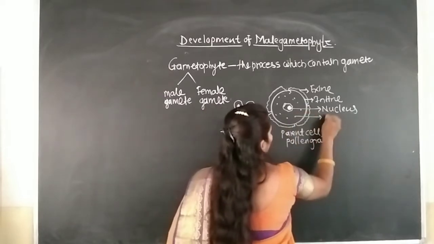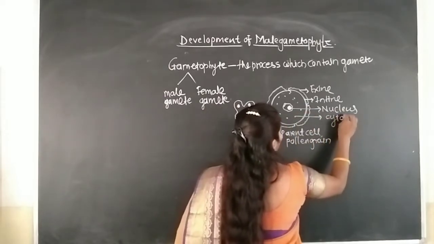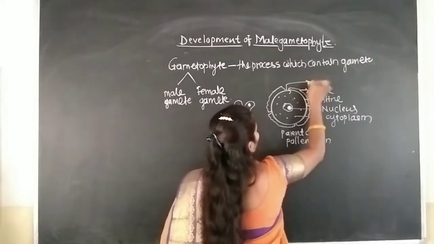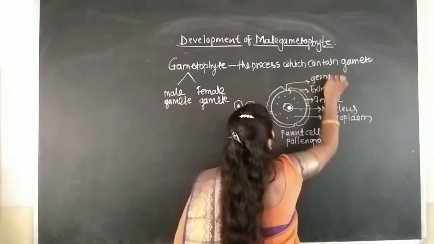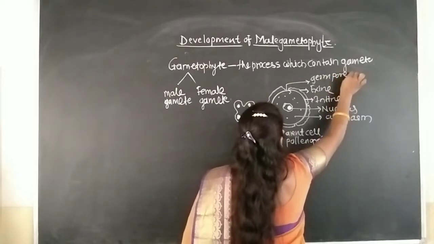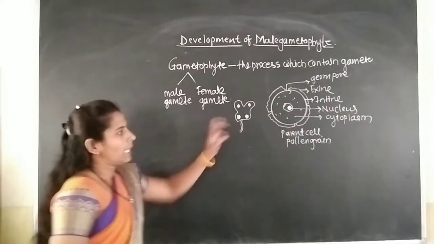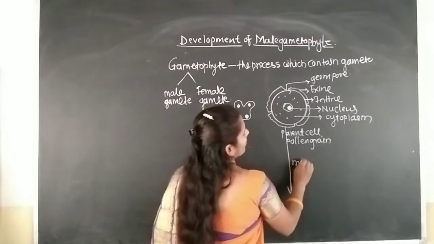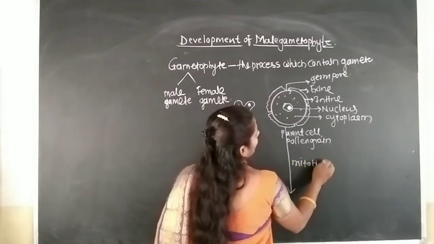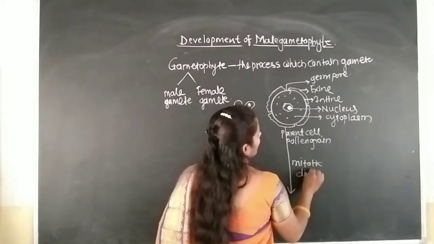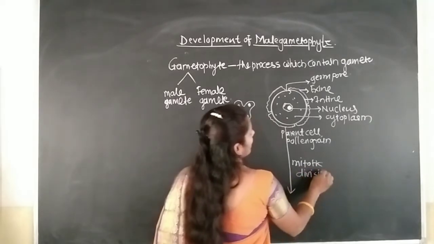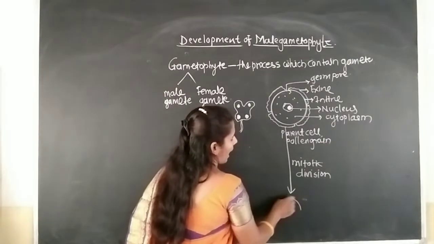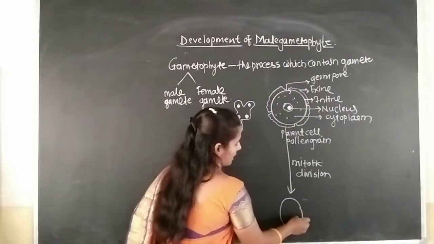Then the cytoplasm, and this is called the germ pore. This is a germ pore. Mitotically, these pollen grains are divided. That is, mitotic division occurs in the pollen grain, and the pollen grain is divided into two cells.